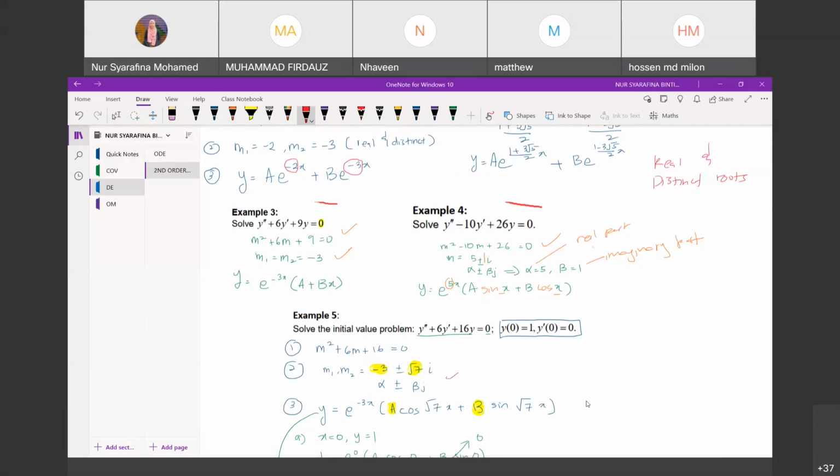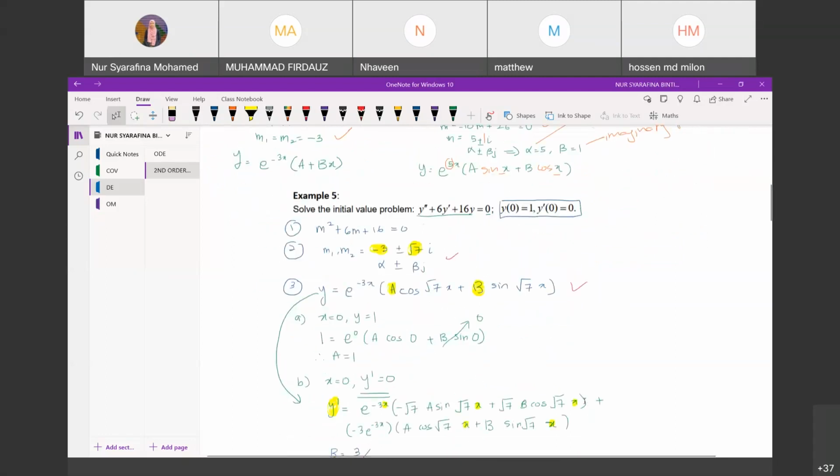And then substitute into the solution, and you know that y(0) equals 1, y prime (0) equals 0, means this is the condition. When x equals 0, y equals 1. When x equals 0, y prime equals 0. So for the first one, just apply to the solution. Substitute x with 0, y with 1, and then you can obtain the value of A.